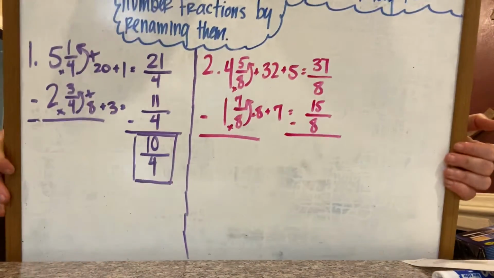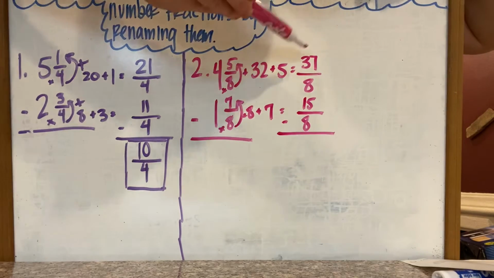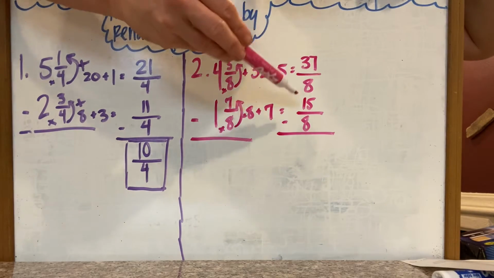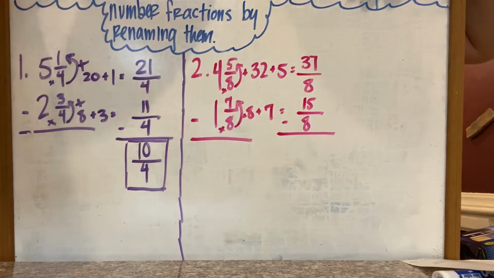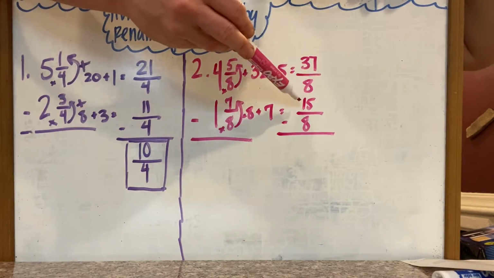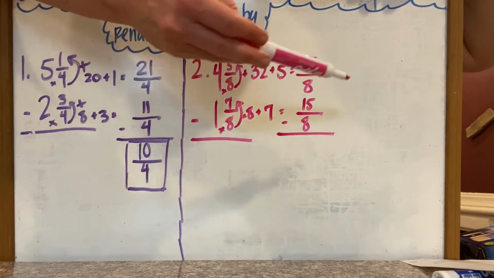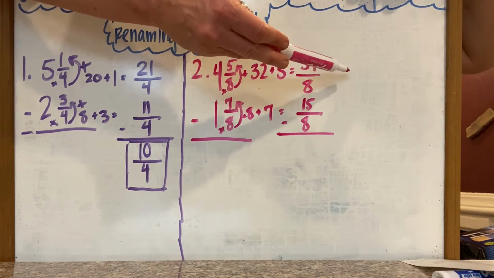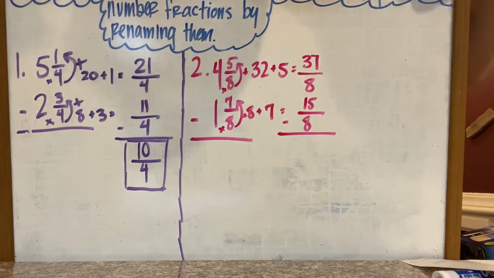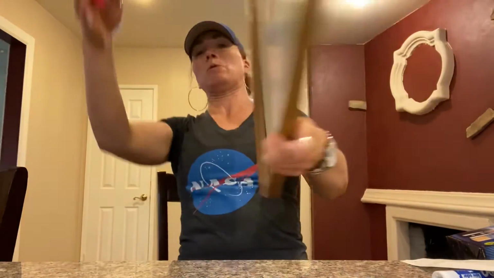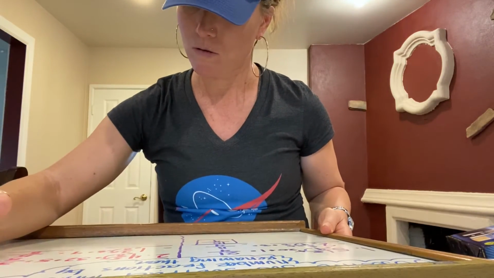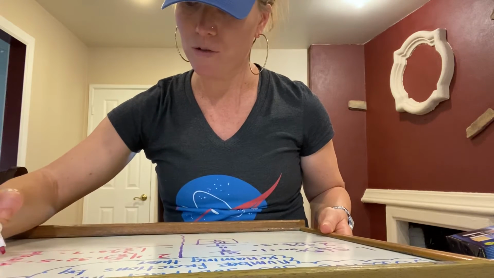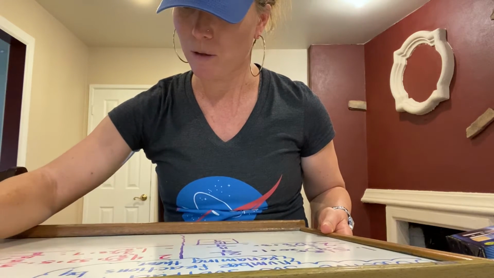So see here, we have 37 over 8 minus 15 over 8. If you can't do the mental math of 37 minus 15, that's no problem. You can write just those numbers off to the side, which I will do for you now. Good news is that the denominator stays the same.